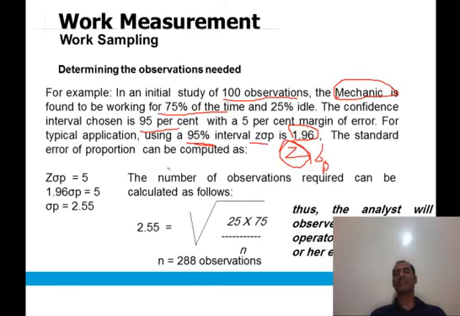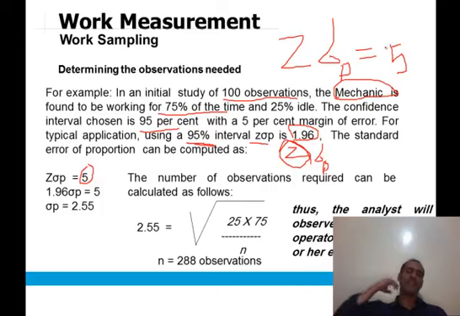The standard error of the proportion can be computed as Z sigma subscript b equals the margin of error. The level of confidence is 95 and the margin of error is 5.